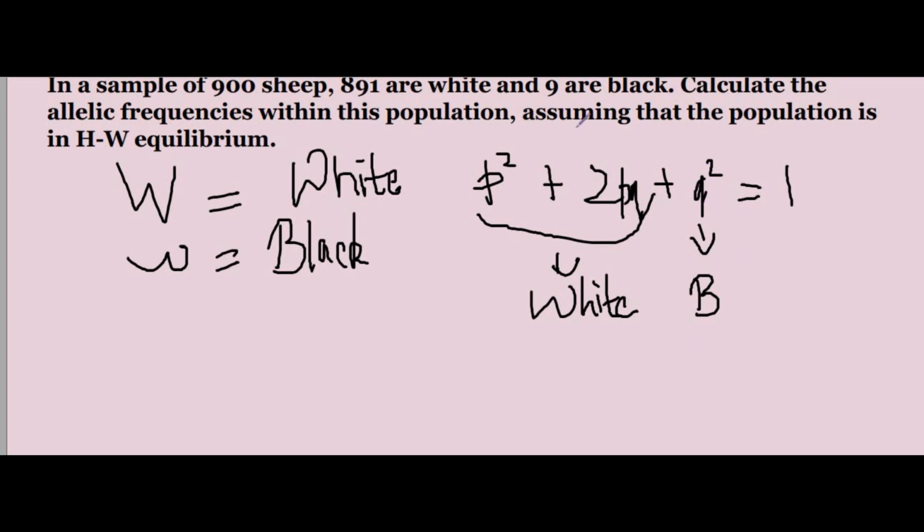How do we calculate it? The given quantity is taken as the numerator, and we divide it by the whole number, which is 900. So it is 9 divided by 900, which comes out to be 0.01.